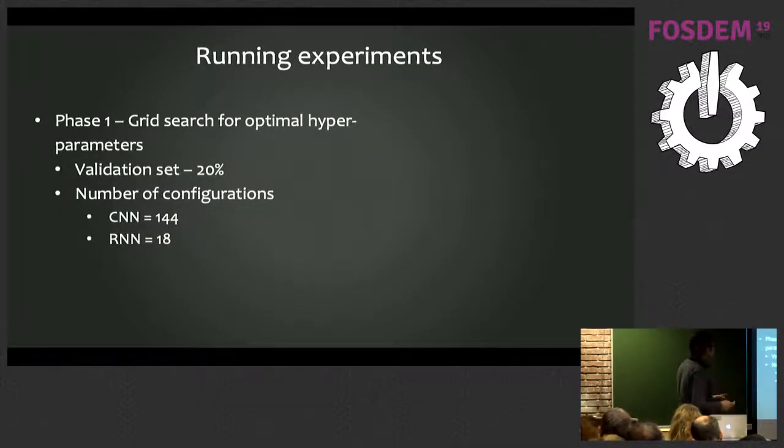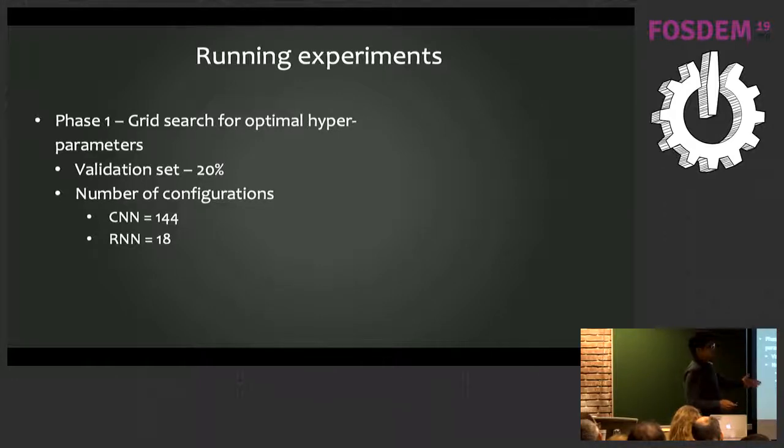So essentially, what we did is we had 2 phases. In the first phase, we did a grid search with different parameter configurations. So we had 144 configurations for CNN and 18 for RNN, and we kept a 20% validation set aside for the first phase.